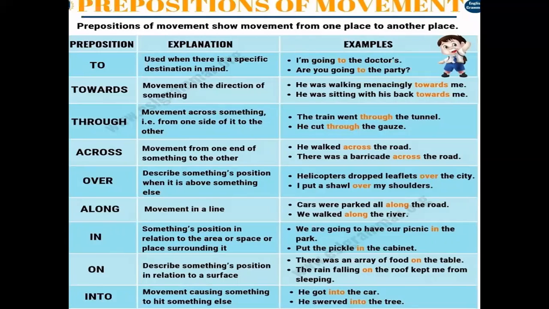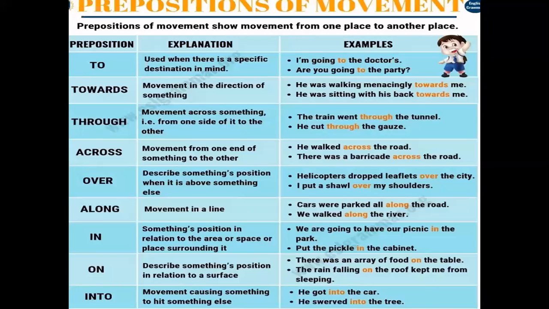Now see the example. The train went through the tunnel. And the example of across is, they walked across the road. Now the confusion is, we can also say the train went across the tunnel. No, it will be wrong. Why will it be wrong? I'll explain. When you are using through, it means the movement is from one side of it to the other side.